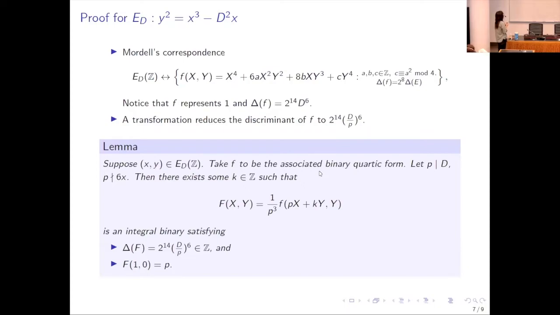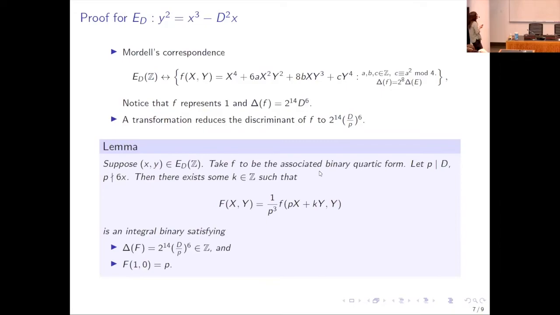and P to not divide the x coordinate of the integral points. So this is something that's hard to control. P dividing D just restricts the P we can choose, but P not dividing x means that we need to know something about the points.